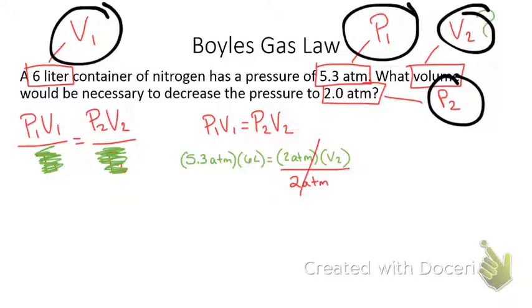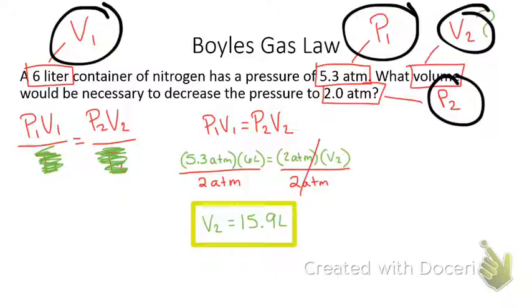That way it'll cancel out on the right and give me just V2 on that side of the equation. So to solve this, you should punch in your calculator 5.3 times 6 divided by 2, and you should end up with, for a final answer, volume 2 equals about 15.9 liters, depending on how you round there. So there's my final answer.